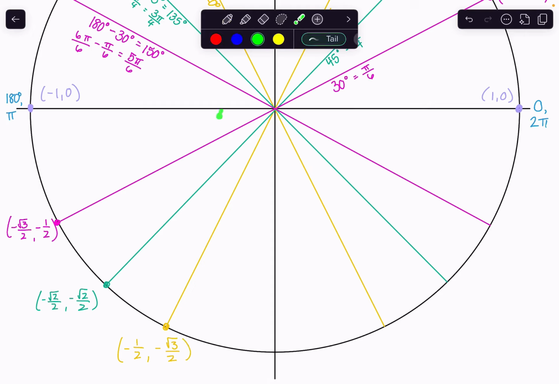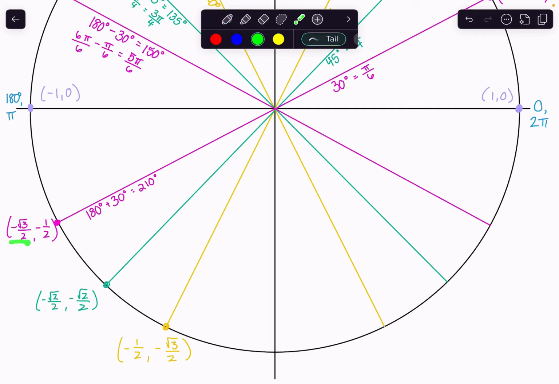And now I need to find each of these angles in both degrees and in radians. So starting out with this first angle, which would be this total distance, from 180, we go 30 degrees forward. So this would be 210 degrees.